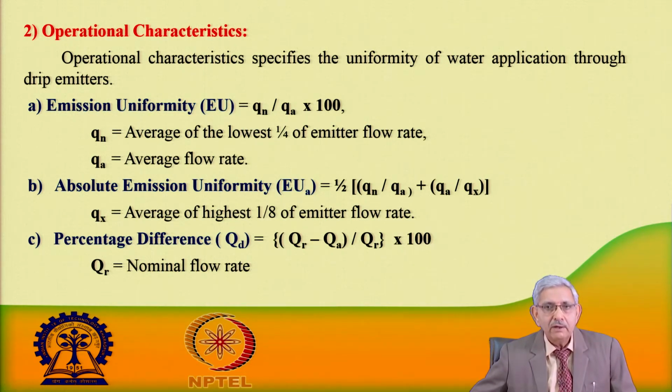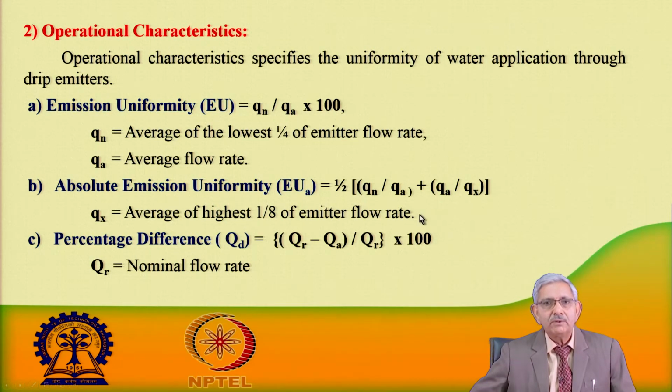I was talking about 24 drippers, so 1/8 becomes 3 drippers. The top 3 dripper discharges will be used to find the average of the highest 1/8 of the flow rate, that is Q x. The remaining values are the same, Q n by Q a, and Q a is the average of 24 drippers, and then we find the absolute emission uniformity.